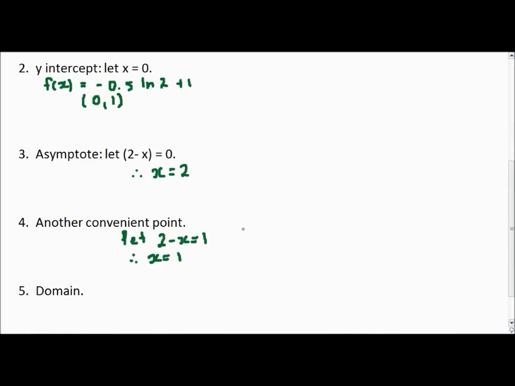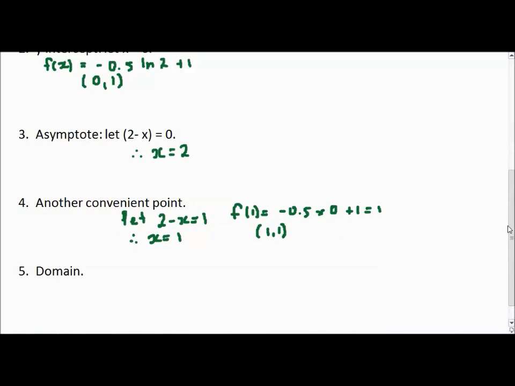Now when x equals 1, our function is going to equal negative 0.5 times 0, 0 plus 1, and that equals 1. So we've got another convenient point to plot at (1, 1). So that'll help us get the general shape of the plot.